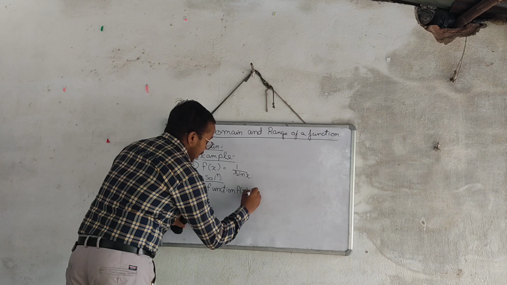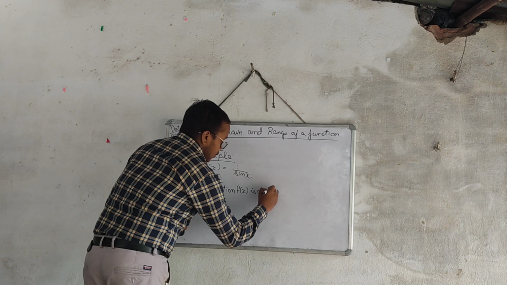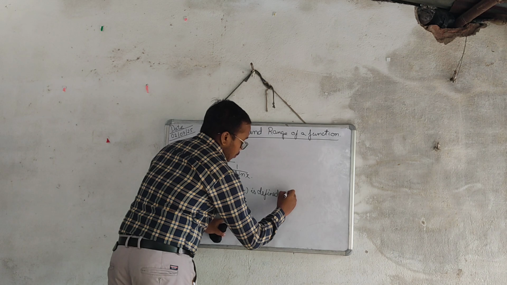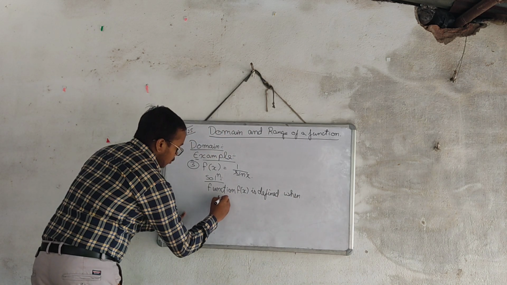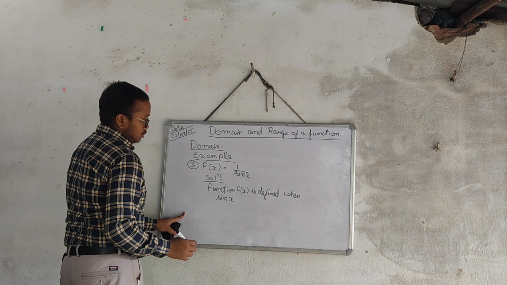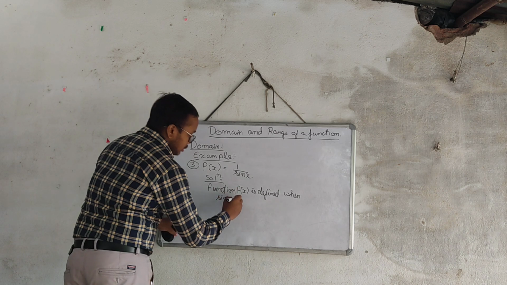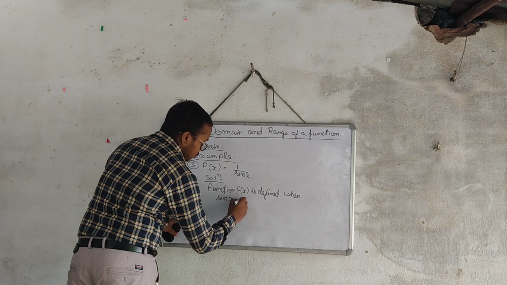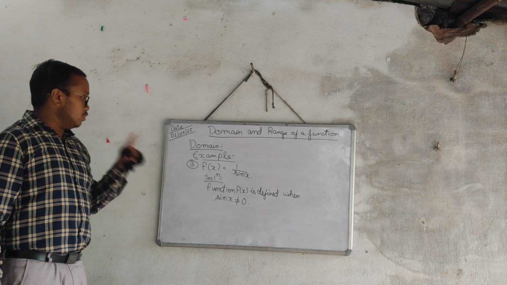The function f(x) is defined when sin x does not equal 0. Okay, sin x should not be equal to 0.